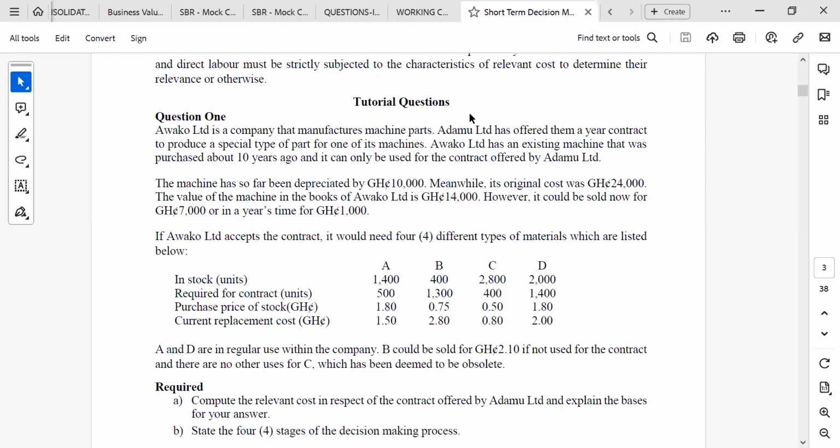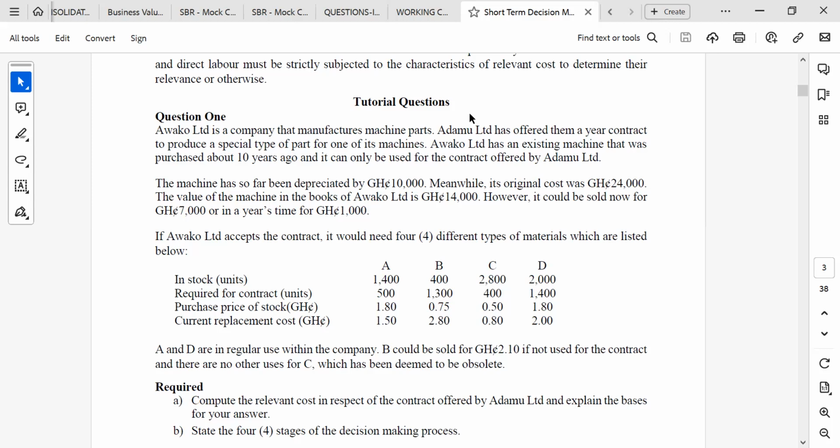Awaku Limited, right? Okay. Awaku Limited is a company that manufactures machine parts. Adamu Limited has offered them a year contract to produce a special type of part for one of its machines. Awaku Limited has an existing machine that was purchased about 10 years ago, and it can only be used for the contract offered by Adamu Limited.